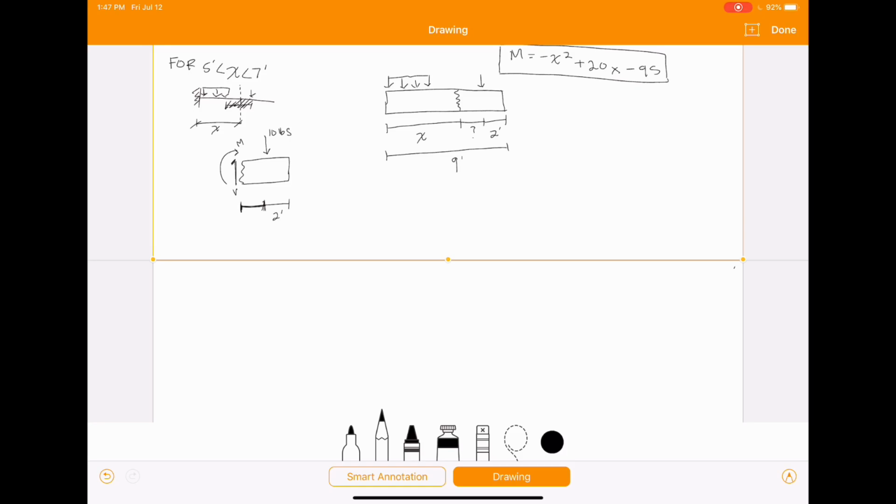So we can go ahead and say that this mystery dimension here is going to be the total length of the beam minus 2 feet minus x. And that will get us this length here.